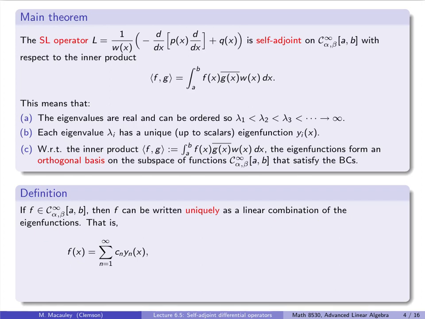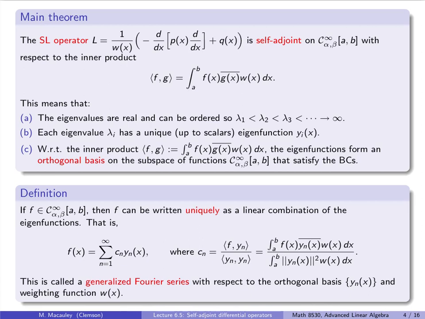So f(x) is the infinite sum of c_n y_n(x), where c_n is the projection of f onto y_n. And since we don't assume y_n is normalized, that's the inner product of f and y_n over the inner product of y_n with y_n, where this inner product is defined by this integral. And so it has that expression right here.